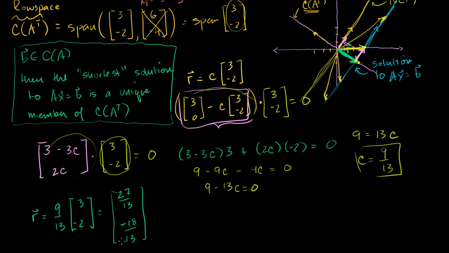And that right there is the shortest vector in our row space that satisfies this equation. Let me write it better. It's the unique member of our row space that also happens to be the shortest solution to Ax is equal to b. So this is an example of what we talked about in the last video, and hopefully you see visually why this is so.